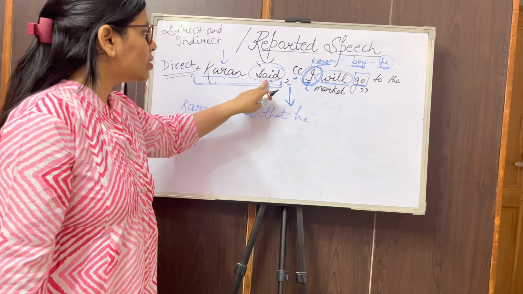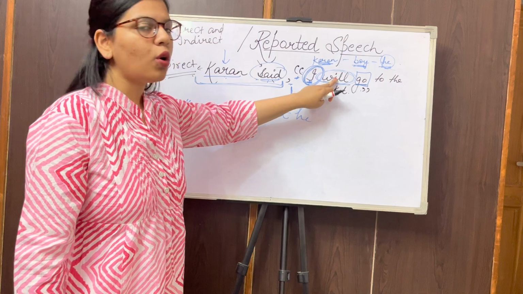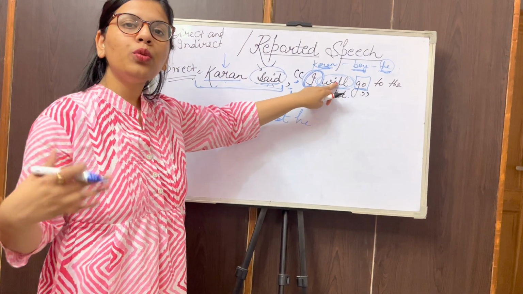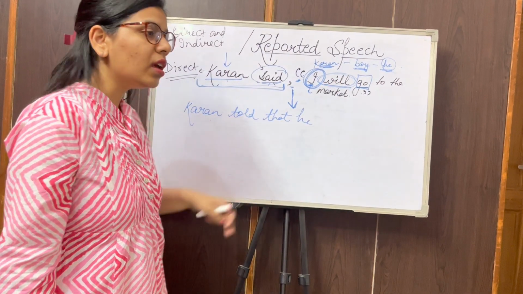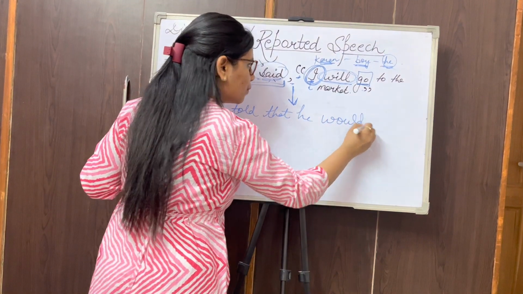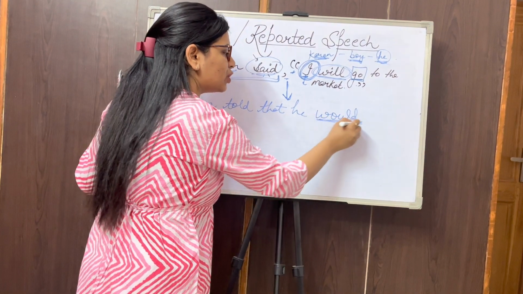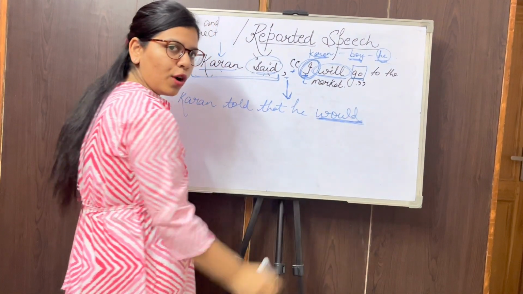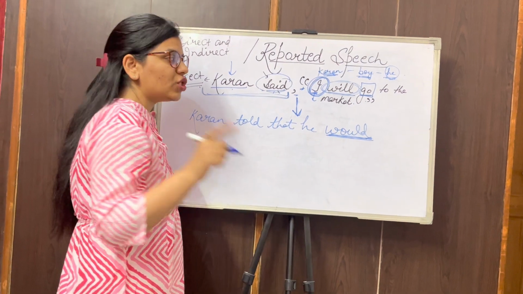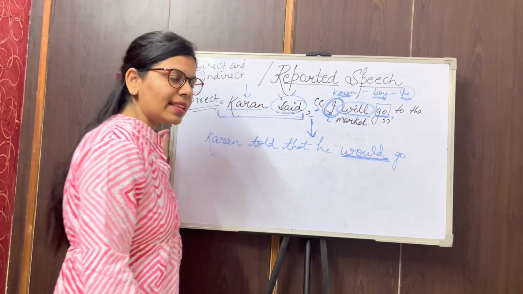Now because your reporting verb is in past tense, this will also change. And what will be the past form of will? It would be would. He would. Now we have changed this one word which is acting as a helping verb here. So we will not change this main verb. No. We will write it as it is.